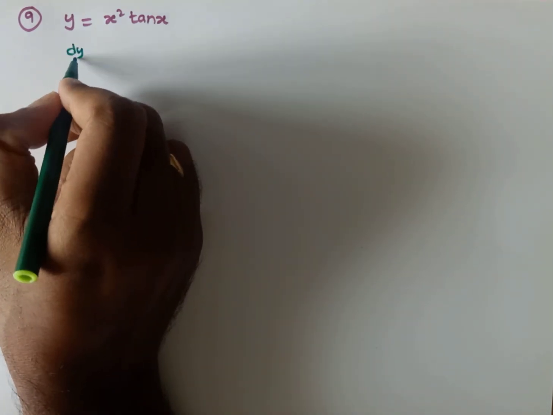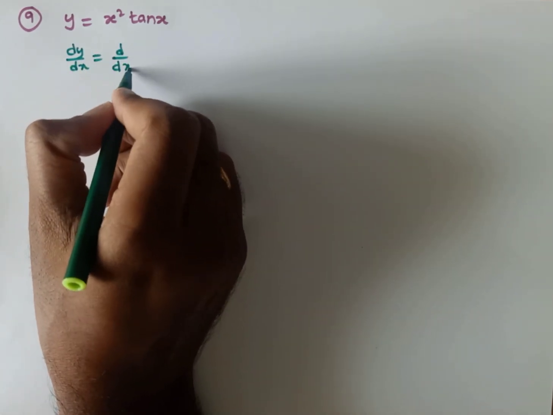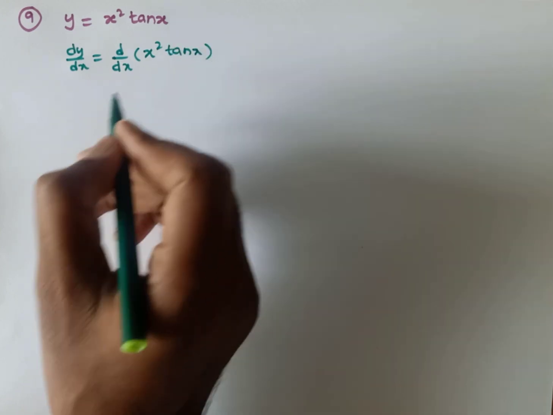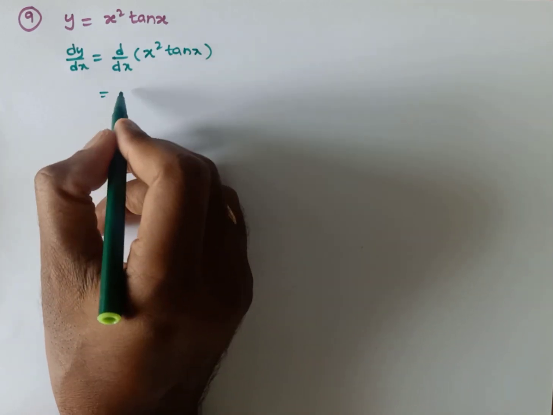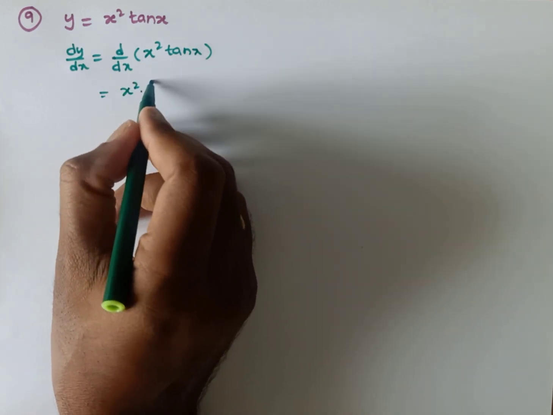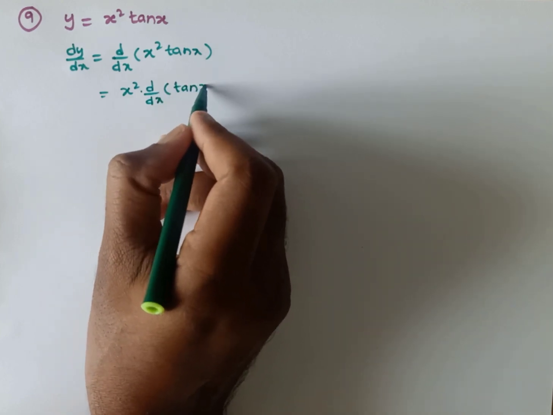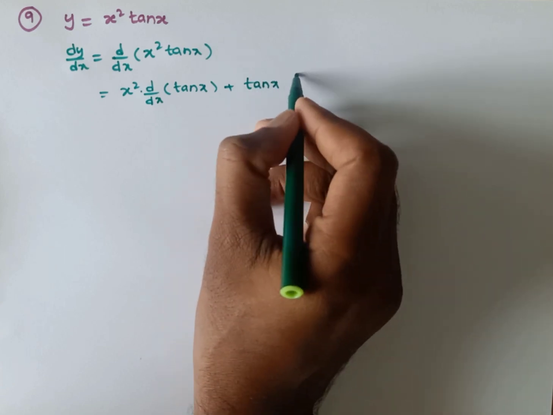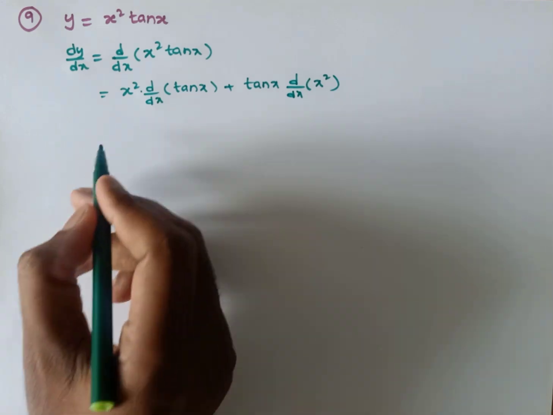So apply the derivative to this. dy by dx is equal to d by dx of x square into tan x. So this is u into v form, so that is u into the derivative of v, that is tan x, plus v into the derivative of u, x square.